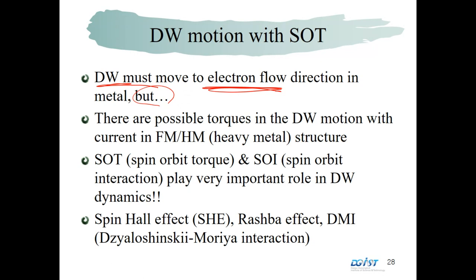So people investigated more, and they found that in a ferromagnetic layer and heavy metal structure, there can be an additional torque. That's what we call the spin orbit torque.